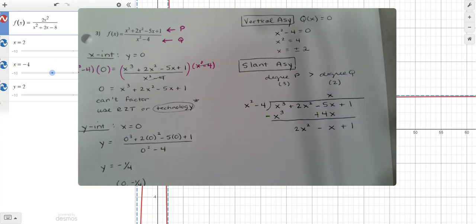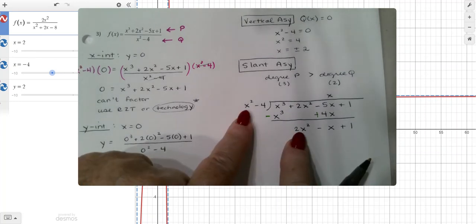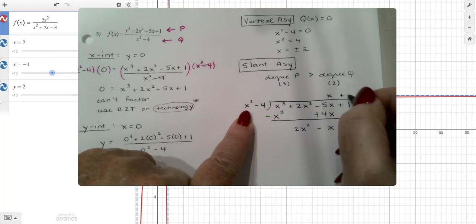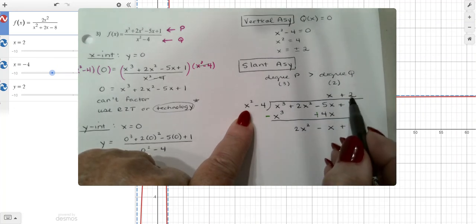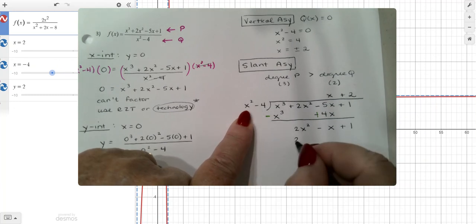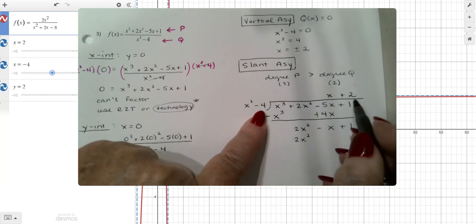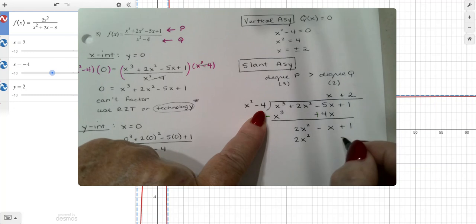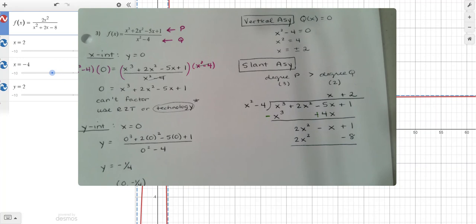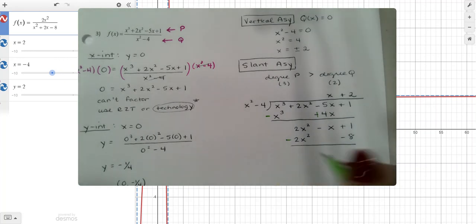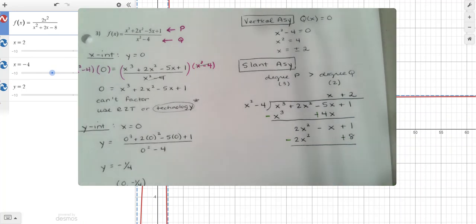Let's divide again. 2x squared divided by x squared would be a positive 2. And then I'm going to multiply. 2 times x squared. 2 times negative 4 would be negative 8. Once again, I'm going to subtract, making that negative and that positive.